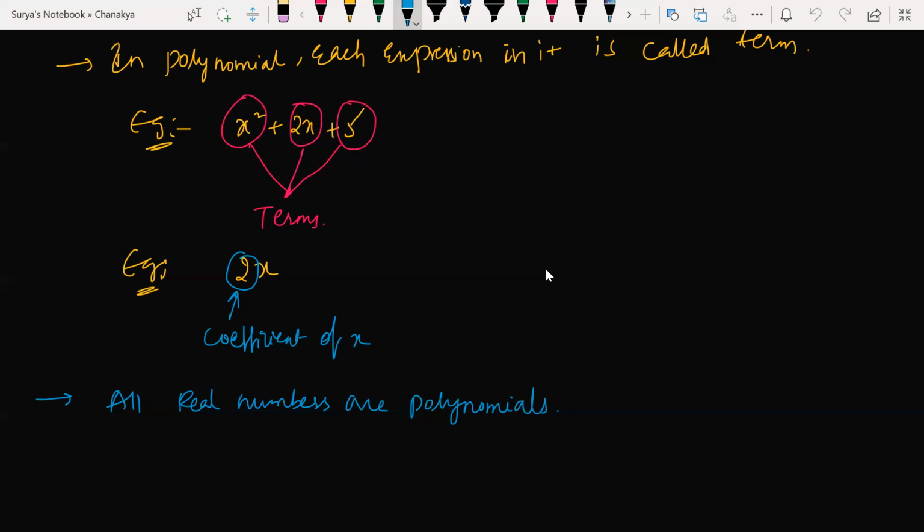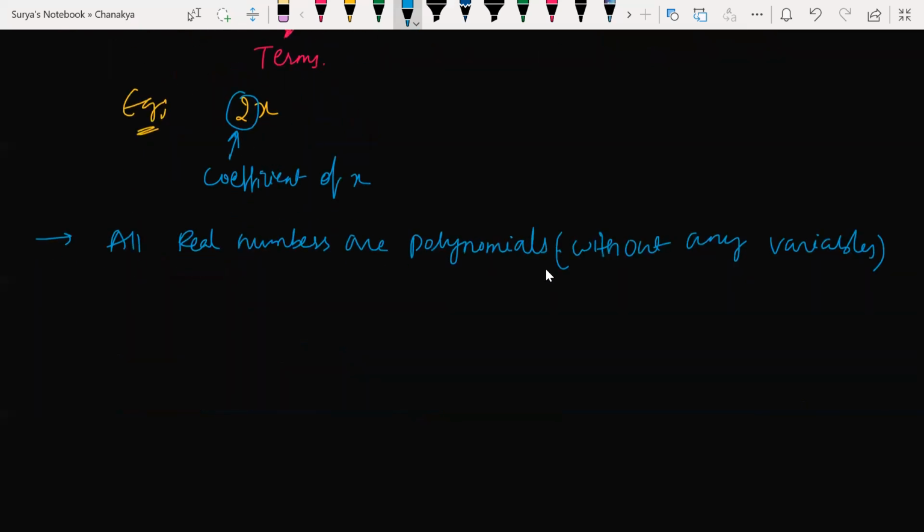See, all real numbers are polynomials without any variables. Then variables are non-real numbers. Look at this here, you can write 1, 2, 3 examples: -1, 5, 9, 5 by 2.